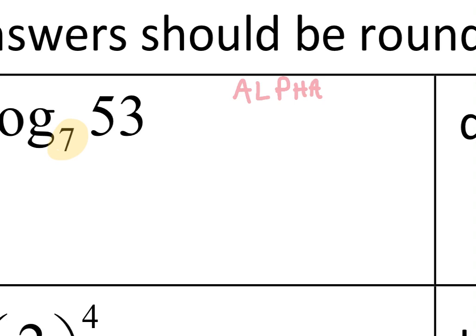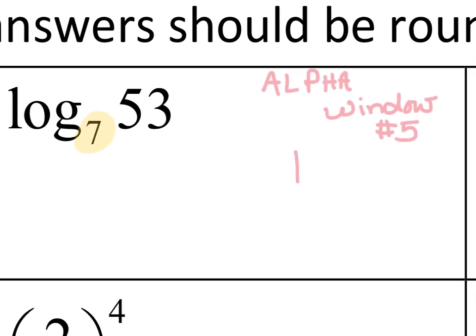And then you want to press window, which is in the top row. And then you want choice number 5, so alpha, window, and then the number 5. And when you do that, it gives you like a logarithm with a little box with a blinky here and a little box here, actually inside parentheses.